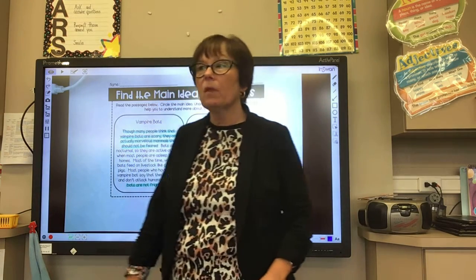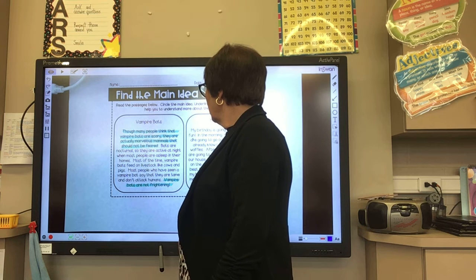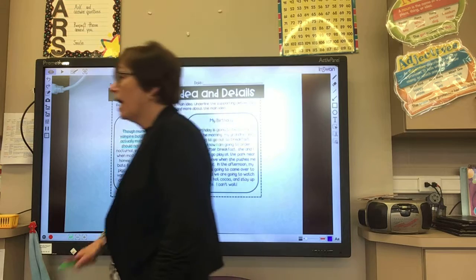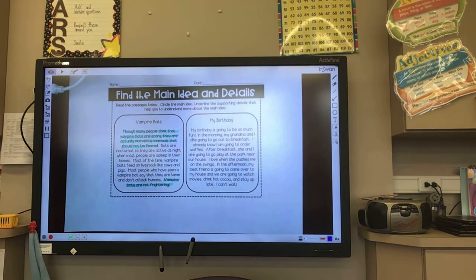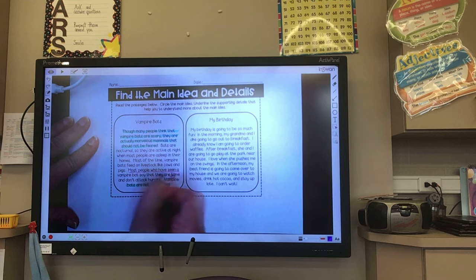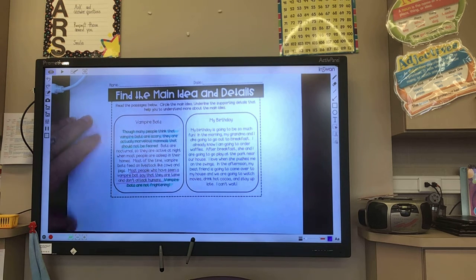Give me one. Lauren. Most people who have seen a vampire bat say that they are tame and don't attack humans. Okay, so let's underline that. I'm going to underline that. Most people who have seen a vampire bat say they are tame and don't attack humans.